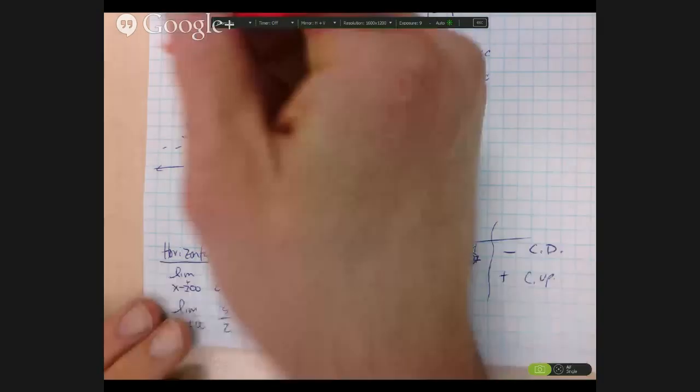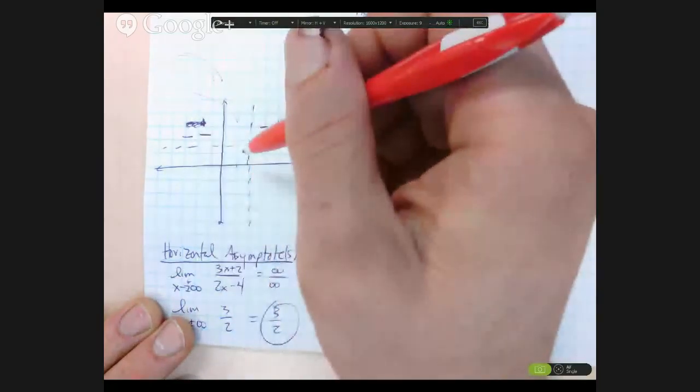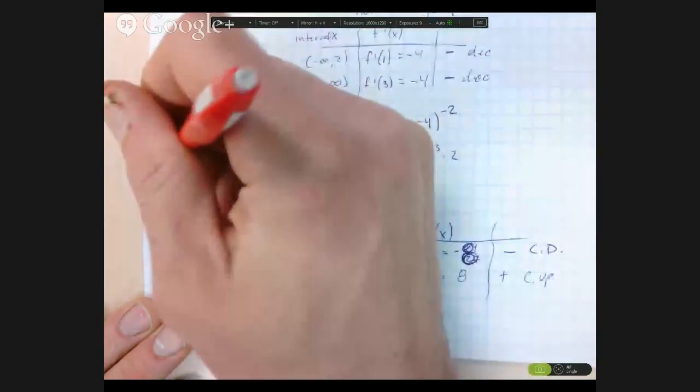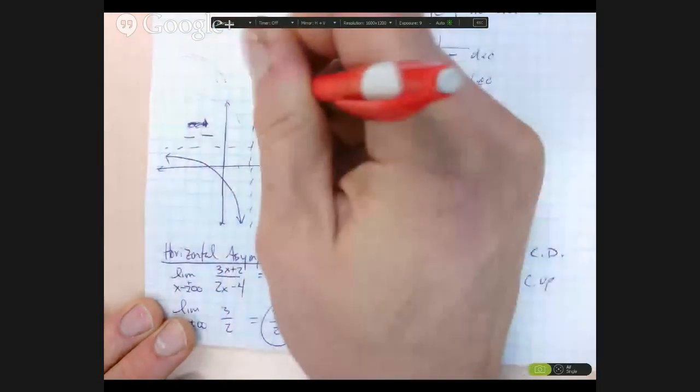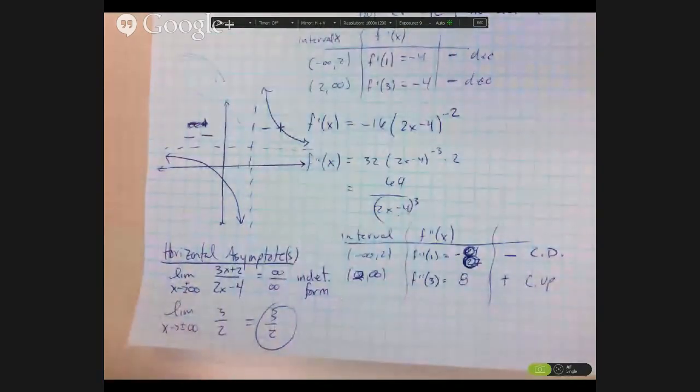We know the shape. So it could curve like that, but is it up here or down here? It would be like that curve and that curve. I looked at the little graph that says what the shapes are.